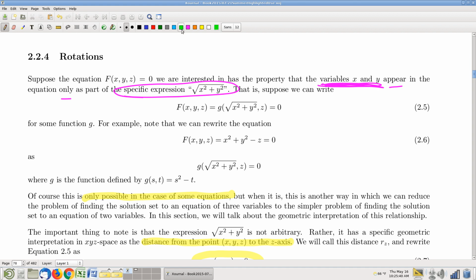Let's look at this equation here: x squared plus y squared minus z equals 0. And notice I could rewrite this as the square root of x squared plus y squared, quantity squared, minus z equals 0. So notice that x and y don't appear in this equation anywhere else other than as part of that specific form. Everybody see what I'm talking about?